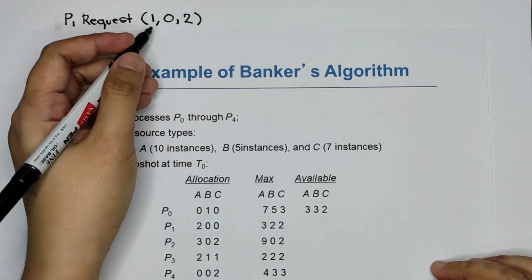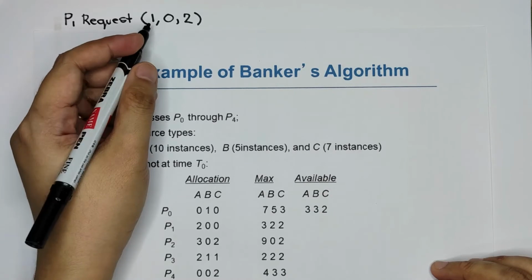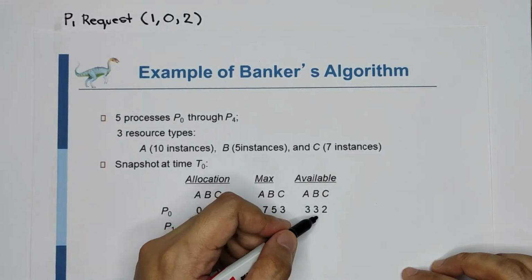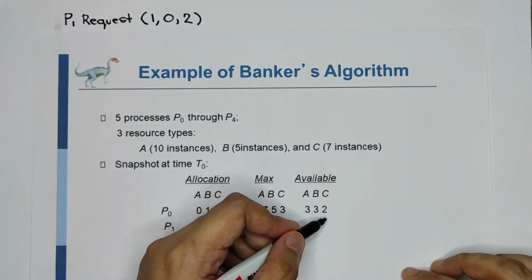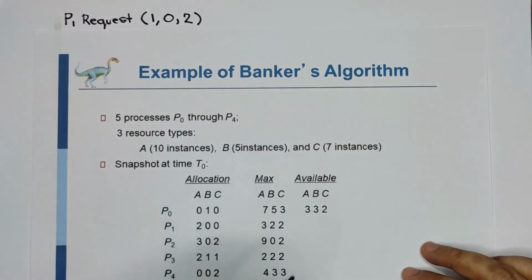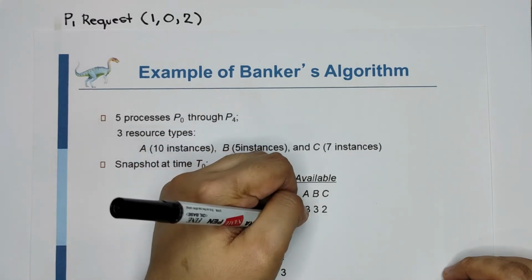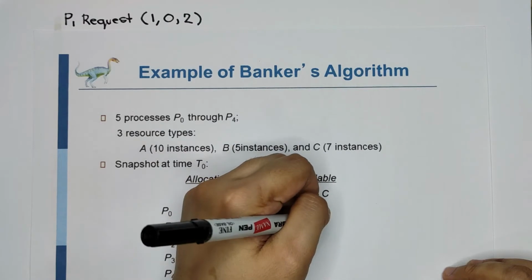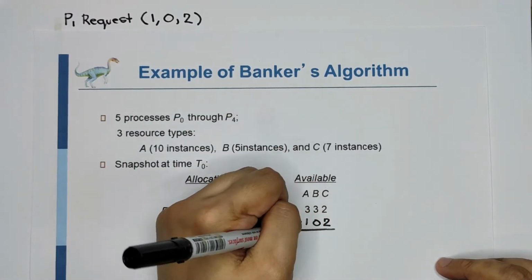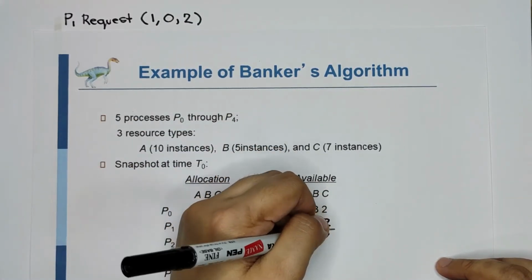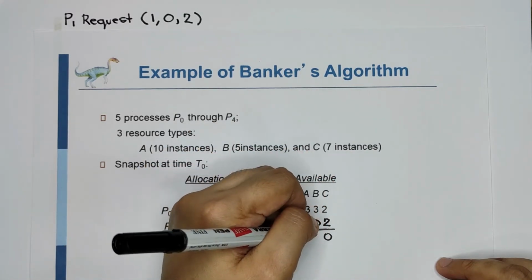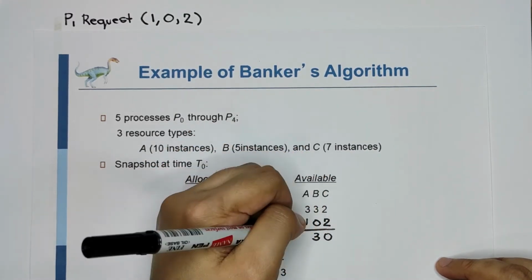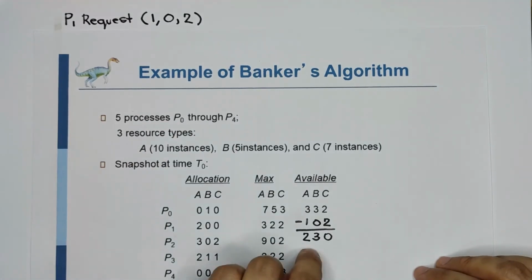It only needs one resource from A, so we have 1, and then it does not need anything, so 0, and then it needs 2 for C. So, what we're going to do here is subtract the request 1, 0, 2. So, we have 2 minus 1 is 1, 3 minus 0 is 3, and then 3 minus 2 is 1. So, this is our new available.